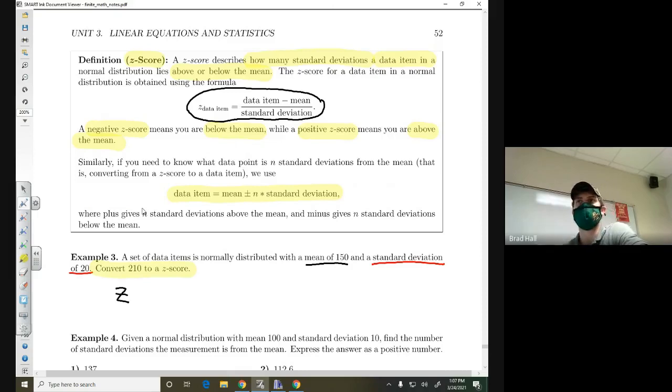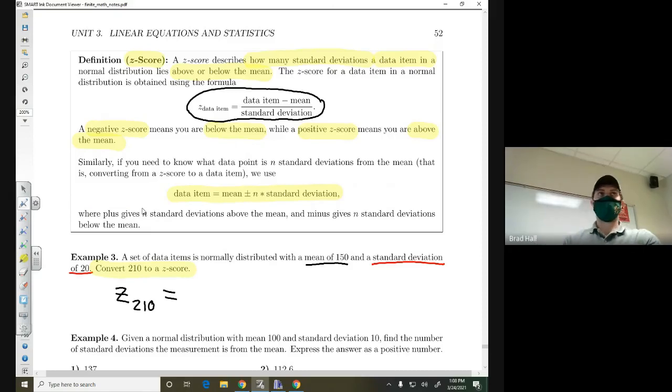So as I mentioned, every single data value has a corresponding z-score. Normally the way I notate this is a z with a little 210 next to it. 210 is a subscript. It just means that the z-score that corresponds to 210 is equal to, and it's a tiny 210, to the bottom right of the variable.